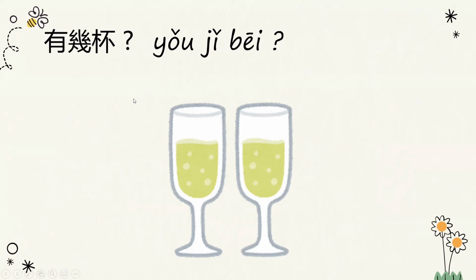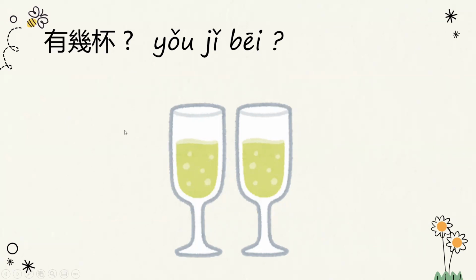And how about here? 有几杯? You might be wondering why I don't say the noun. 几杯 juice, or how many juice, or champagne, or wine, or water. But here the most important thing we want to ask is how many cups or how many glasses there are.